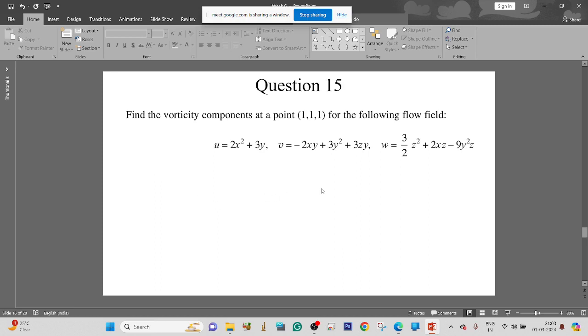We have more questions left, so let's proceed. Similarly, we have to find out the vorticity again. We'll use the same formula. We already know W is half of the curl of the V vector, so we'll just multiply it by 2, that is twice of that. That will give us vorticity. You remember that, right? That means simply the curl of the V vector will give us vorticity. Yes, ma'am. So find that out.